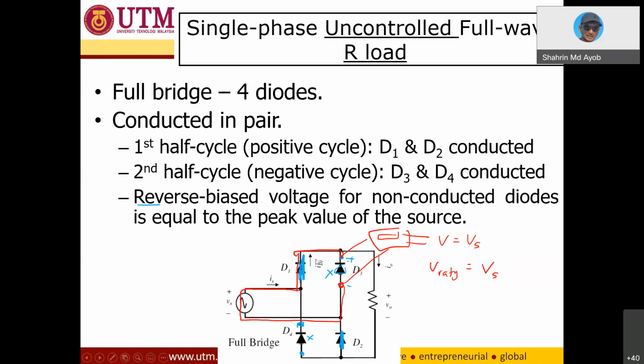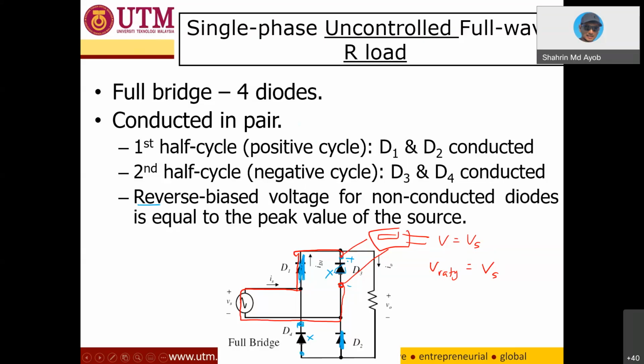Okay, so this is how we determine the V rating. This reverse bias voltage is referring to the V rating or V blocking, and it must be at least equal to the peak value of the source.